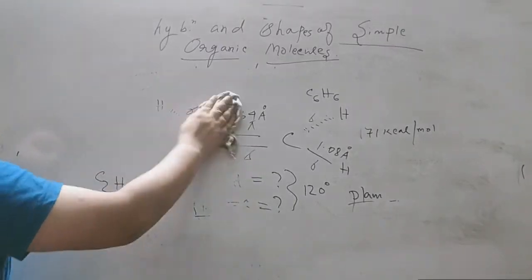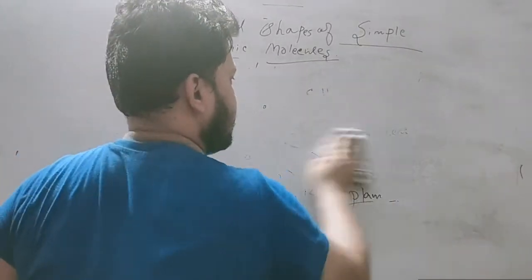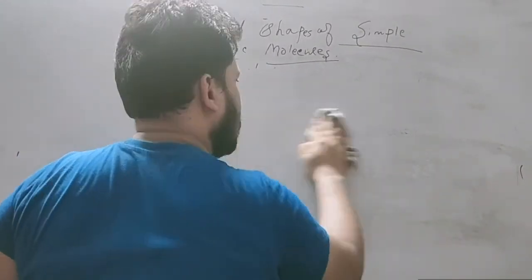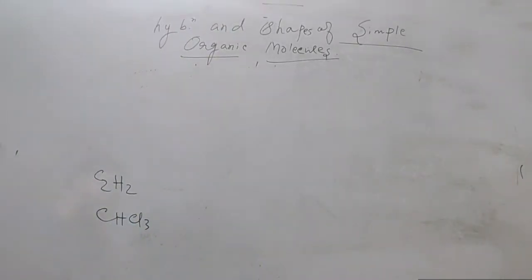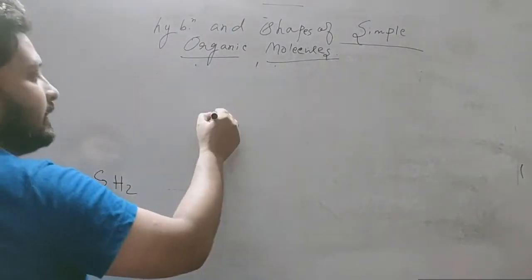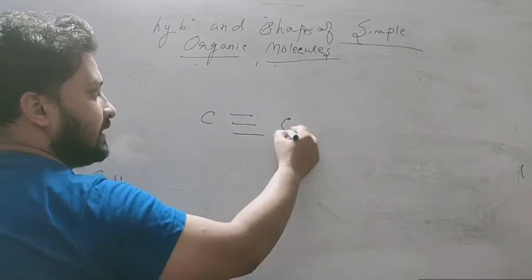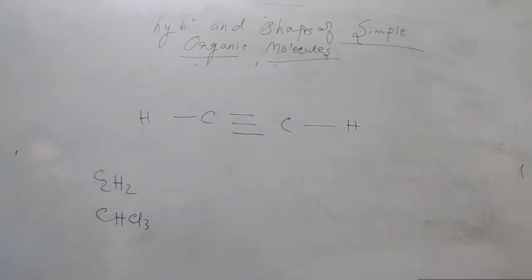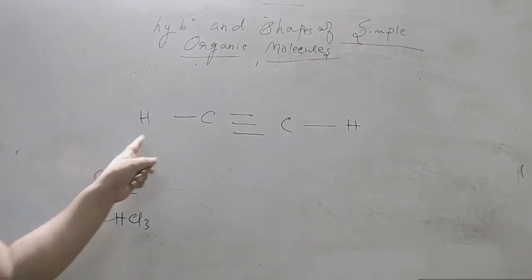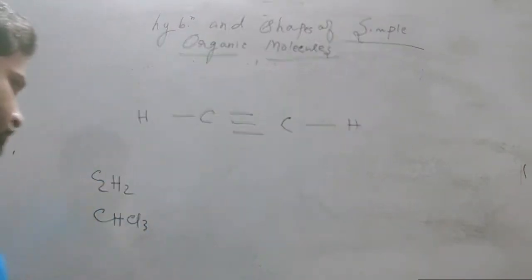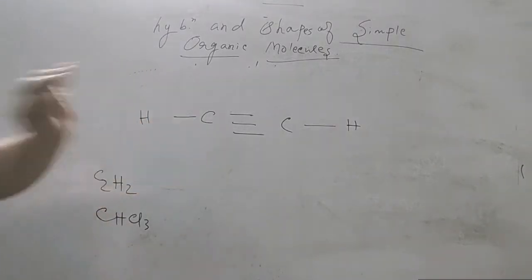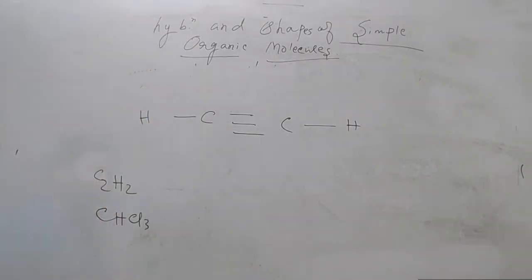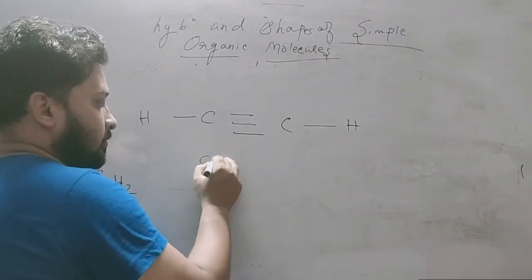Let's go to the next. C2H2, that means C triple bond C, with H bond C triple bond C bond H. This is acetylene. What is acetylene or ethyne?